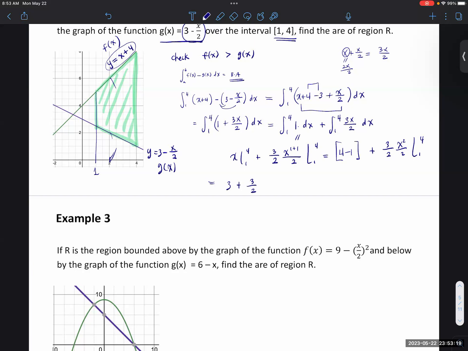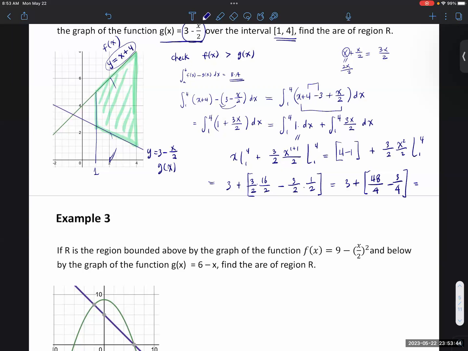You're going to plug in 4, 16 over 2, minus 1 squared over 2. So I'm plugging in 4 and 1 for each, right? And then if you calculate it, what happened? 3 plus 16 times 3, 48 over 4, minus 3 over 4.